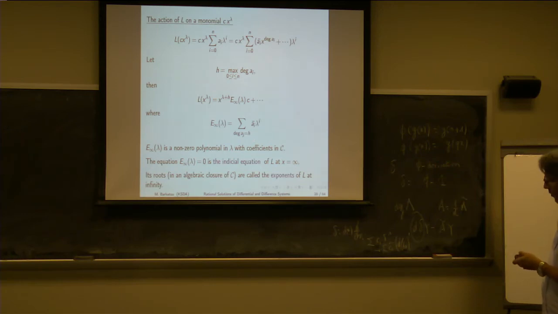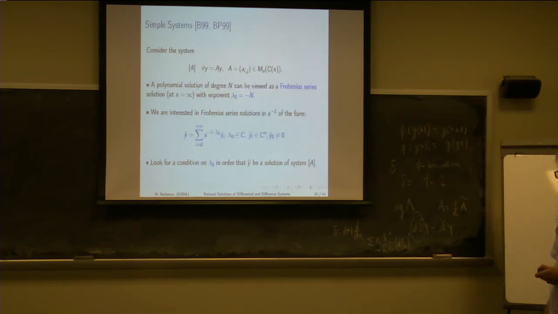So now let's move to systems. The difference between scalar equation and system is that you have an analog of Frobenius method for systems, but it works only for the so-called first kind singularity.